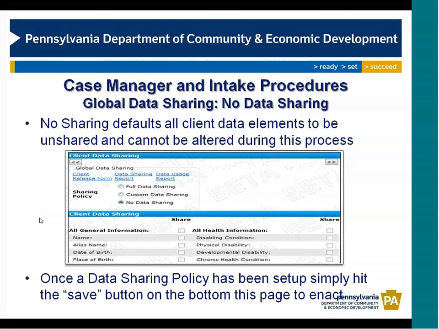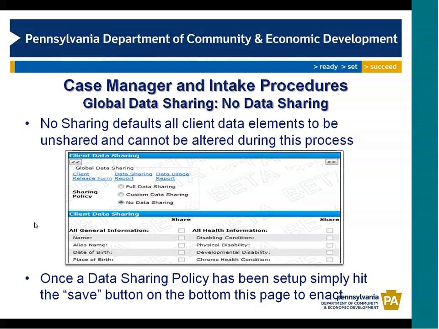Now, once you've gone through the data sharing policy, selected a specific one, and gone through all the different settings, there's a save button all the way down at the bottom of the page. You need to make sure that you select that. Once you've selected it, it'll enact it and create a new data sharing agreement for that client. Per the rules of the collaborative consent form, any data sharing policy that's enacted will remain that way.